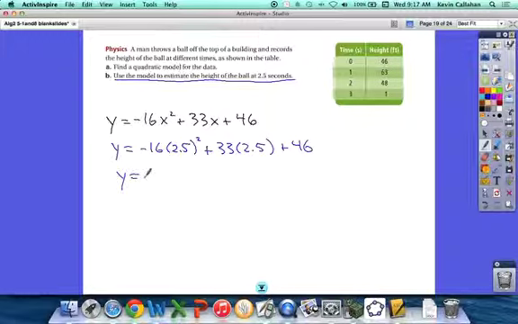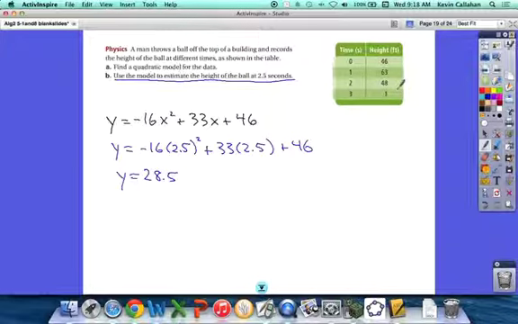Negative 16 times 2.5 squared plus 33 times 2.5 plus 46. I'm getting 28.5. 2.5 is halfway in between the 2 and the 3.